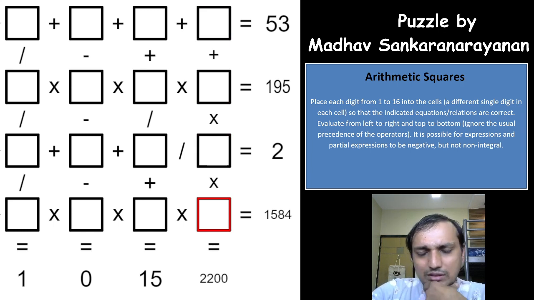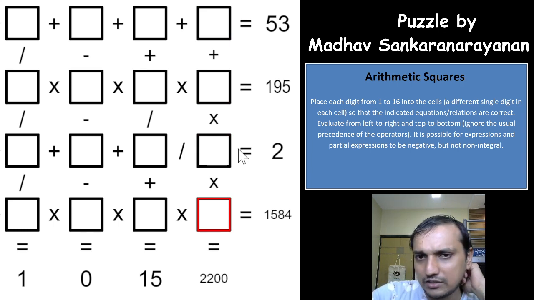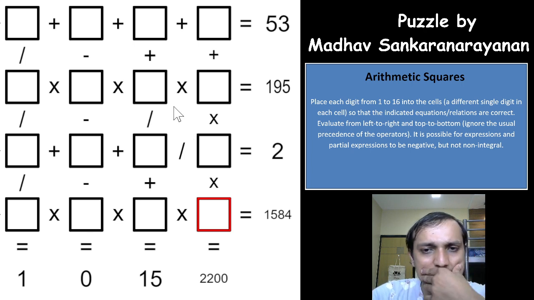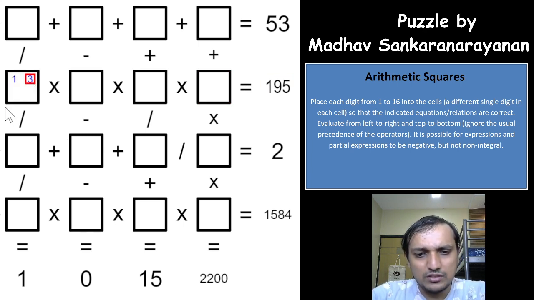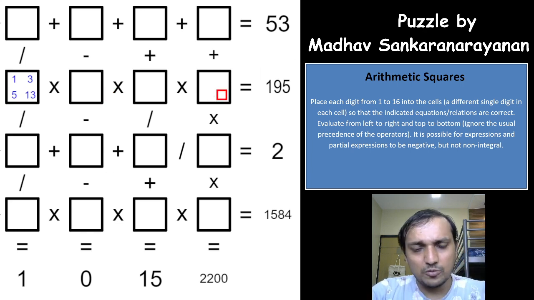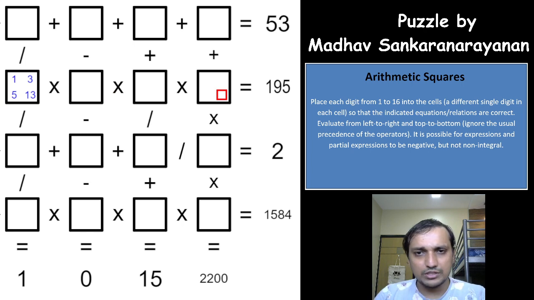The one thing I realized the moment I saw this puzzle after the contest is that the multiplication of these 4 digits would give you 195. What I deduced from this is the digits can only be 1, 3, 5 and 13. Let us assume you have 13 as one digit. Of course 13 cannot be factorized into any more digits here.